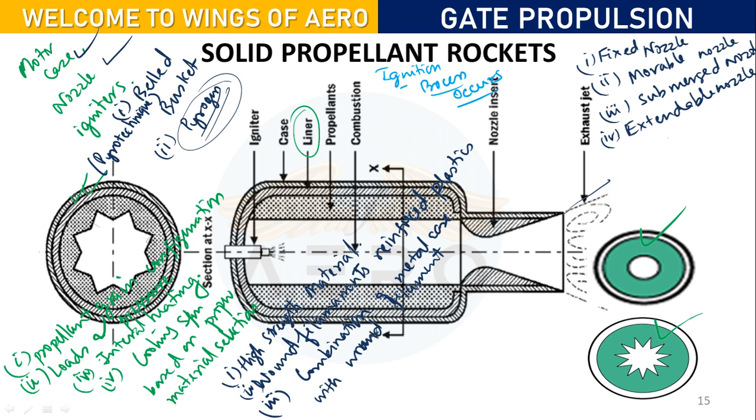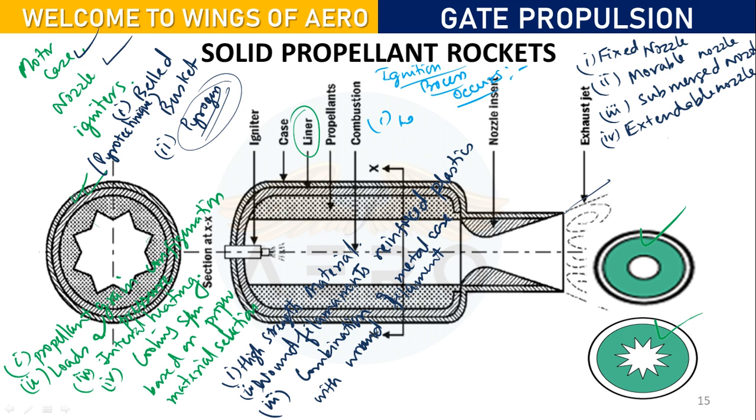Because they may not ask much, but maybe they can ask the sequence of the ignition process for a solid rocket motor. So you should know the steps it includes. For any igniter, first they receive a signal.